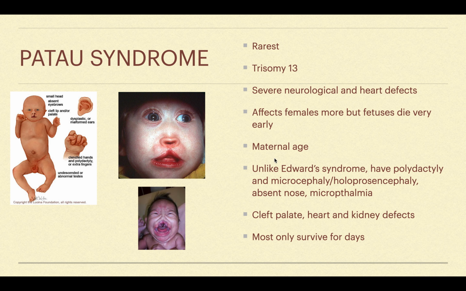Of course, it's associated with increased maternal age, and though it has very similar symptoms to Edwards syndrome, instead they have polydactyly, which is extra fingers. Microcephaly means their head is very small, or holoprosencephaly, or an absent nose, or microphthalmia, which is tiny eyes.